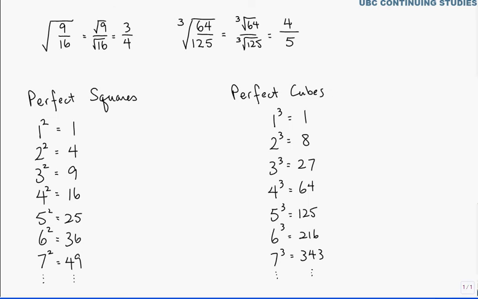Perfect cubes. If you can take a rational number and cube it and get the number, it's a perfect cube. So for instance, 216 is 6 cubed. So it's straightforward to take the square root of a perfect square or the cube root of a perfect cube.